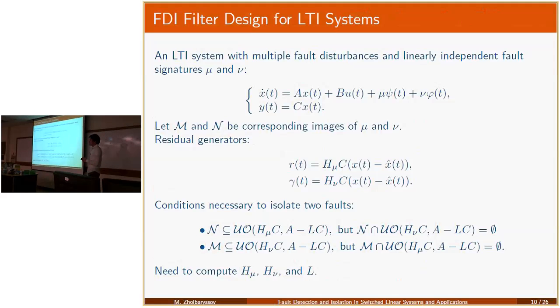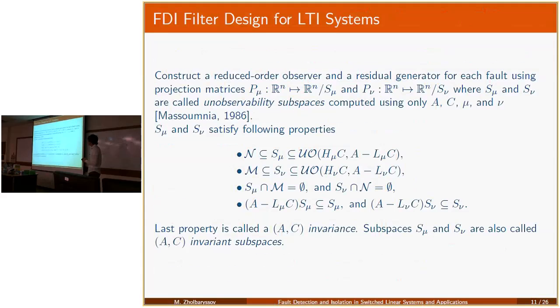But instead of direct computation, we will construct a reduced order observer and residual generator for each fault using projection matrices, which are based on unobservability subspaces, which are computed using only the A and C matrices and fault signatures mu and nu.